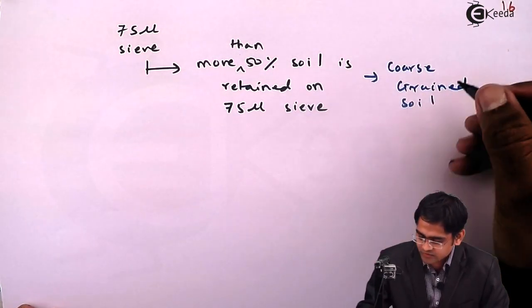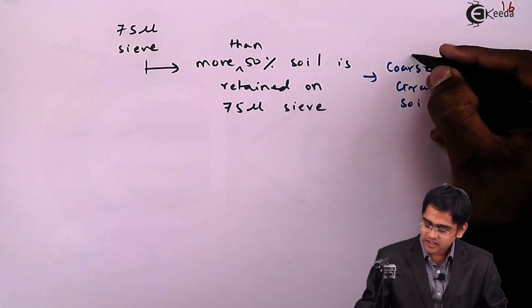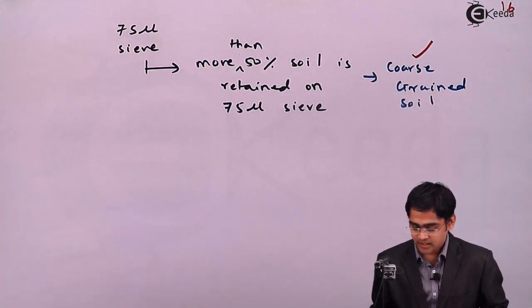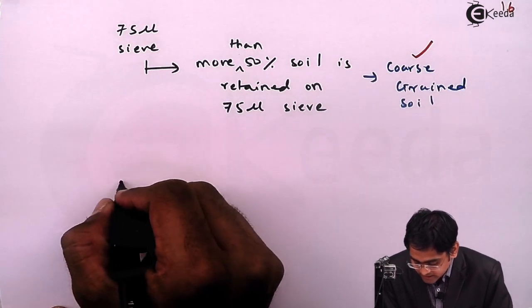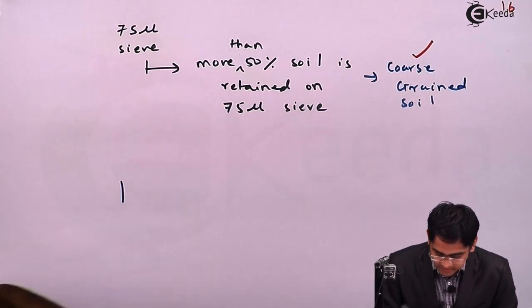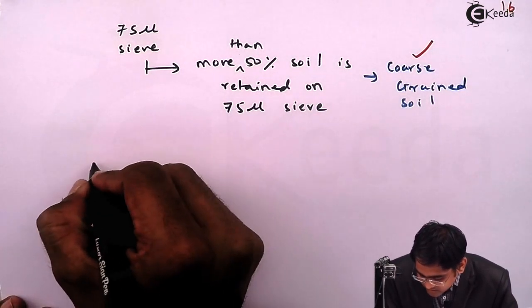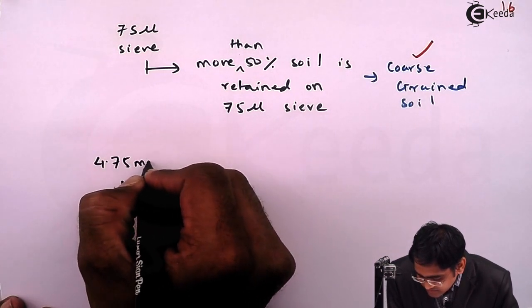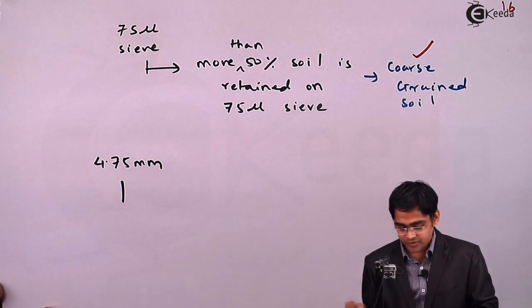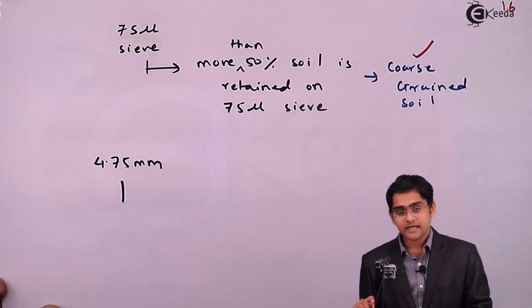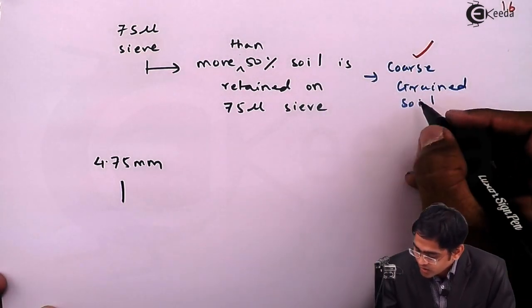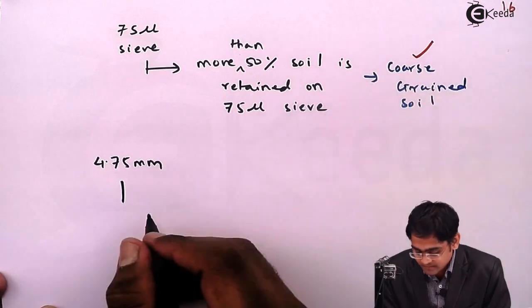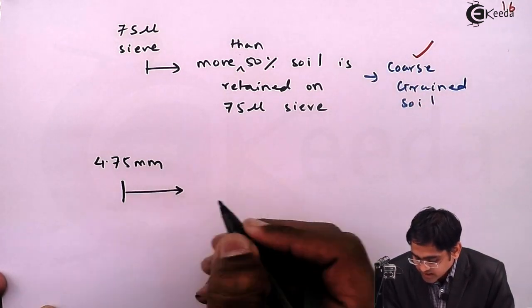Once you're confirmed that you have coarse-grained soil, then you will select the 4.75 mm sieve and run the sieve analysis on this coarser fraction.